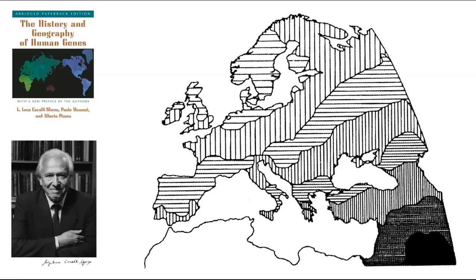Cavalli-Sforza and his colleagues saw these gradients of gene frequency. It starts high in Anatolia, and it gets lower as you go through Europe in this north-south direction. And they saw this as evidence for migrations of people. So they said that you could see the shadows of these ancient migrations in the genomes of living people.